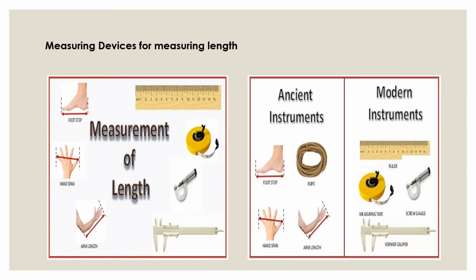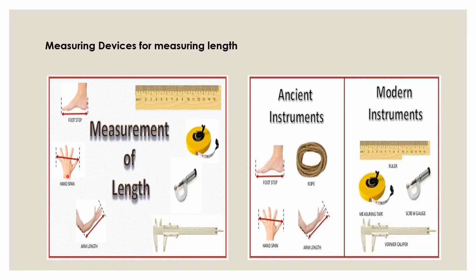Okay, here are the measuring devices for measuring length. I will teach you one by one. For measuring the foot, we have this. We can use the ruler, the one that carpenters use.